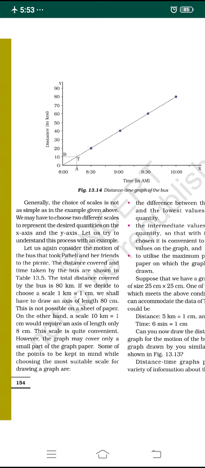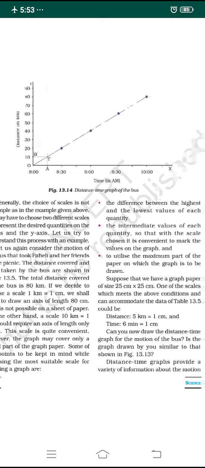Okay, so some points are to be kept in mind while choosing the most suitable scale for drawing a graph. What is that? The difference between the highest and the lowest values of each quantity.